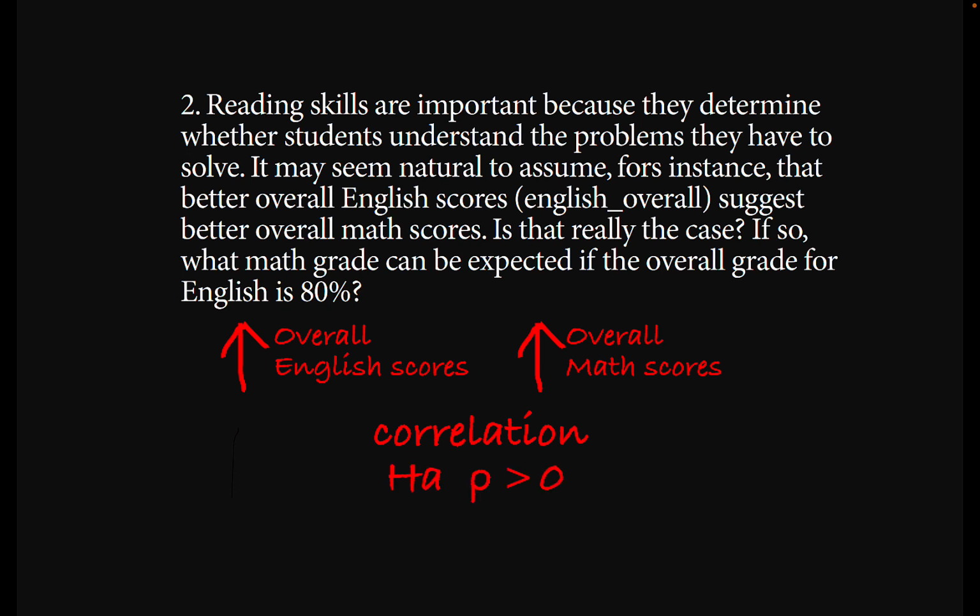My hypothesis is that rho is going to be a positive number. And of course, my null is that there is no correlation, so that the correlation coefficient rho is equal to 0. So now we need to look at the Excel calculation sheet for correlation.